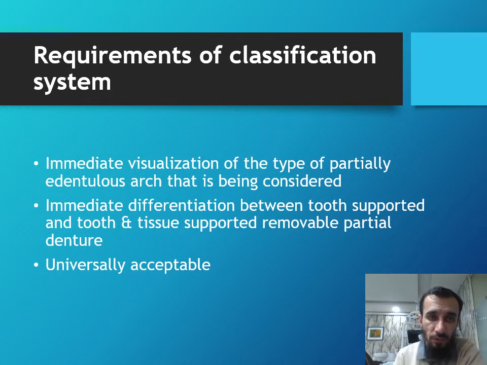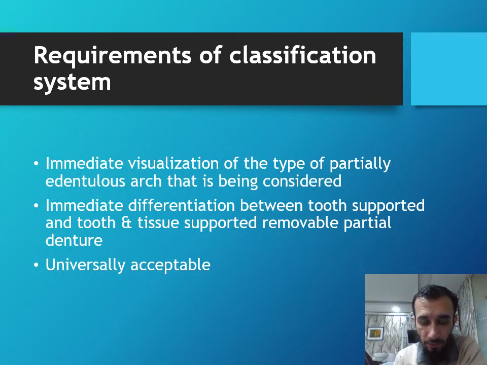It's not like a classification system is acceptable in one part of the world, but no one knows about it in the other part of the world. So it should be acceptable among the whole dental community. At least one should know about it.